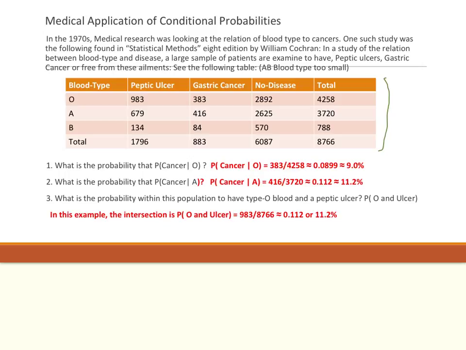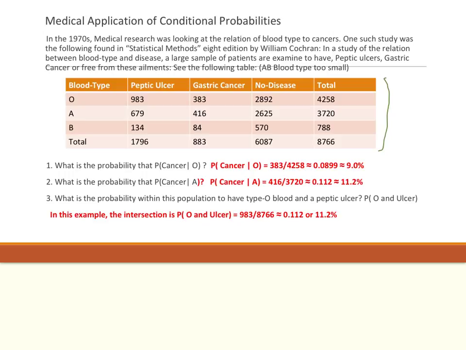In the study of the relationship between blood type and disease, a large sample of patients are examined to have peptic ulcers, gastric cancer, or free from these ailments. The following table, which does not include the AB blood type because it was just too small of numbers, is shown.